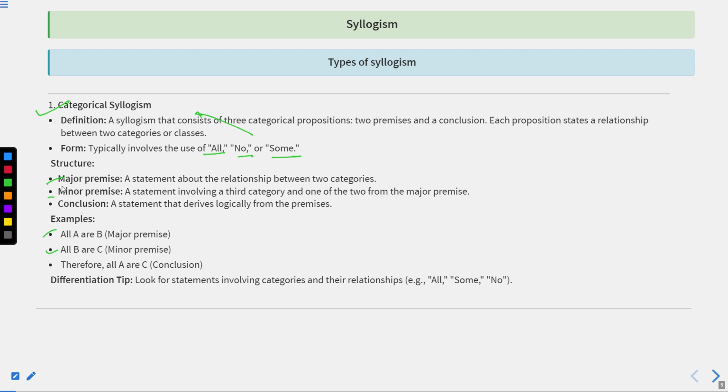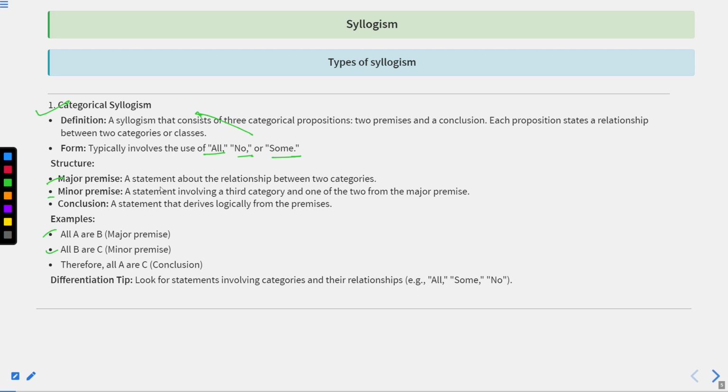But what we need to understand is that the conclusion follows from these two premises. So don't get confused that the major premise is important and the minor premise is important. These are just statements. Based on those statements, we draw the Venn diagram, and from our analysis of the Venn diagram, we check which conclusion is correct and which is not.